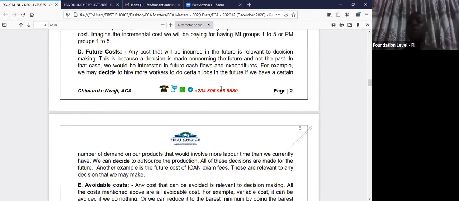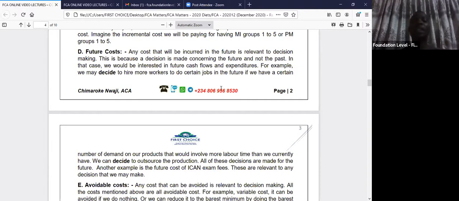If a variable cost has been made in the past, it is not relevant. If an incremental cost has been made in the past, it is not relevant. If an opportunity cost you are talking about had occurred in the past, it is no more relevant. So relevant costs are future costs because that is what will help us to take decision.